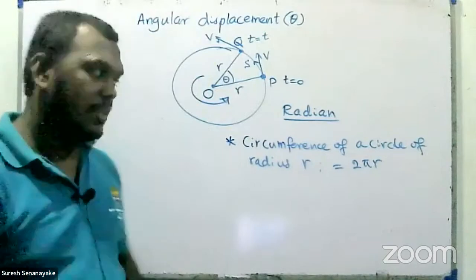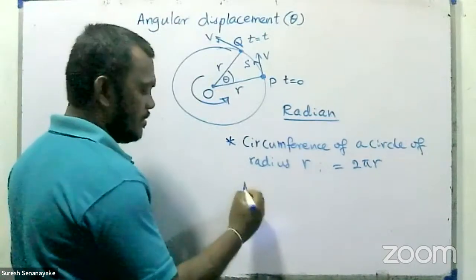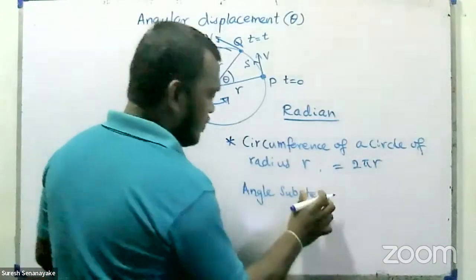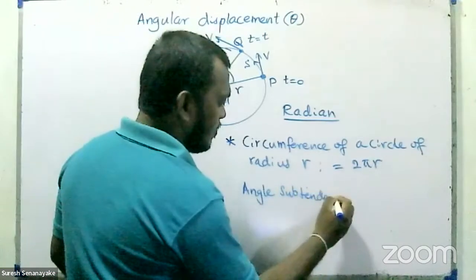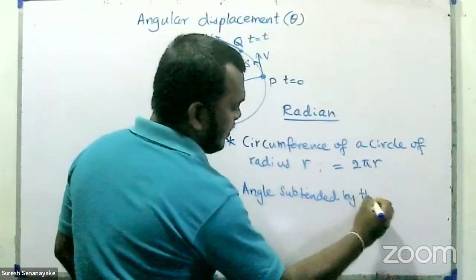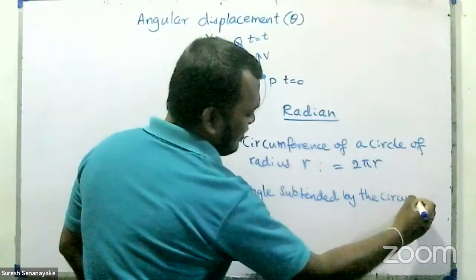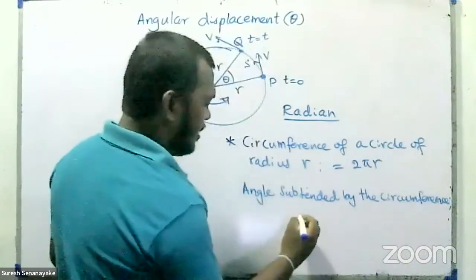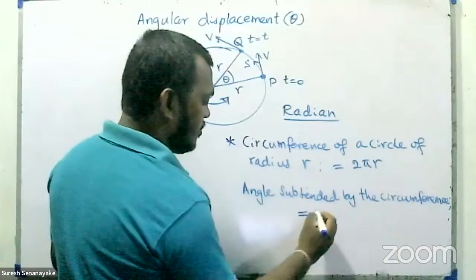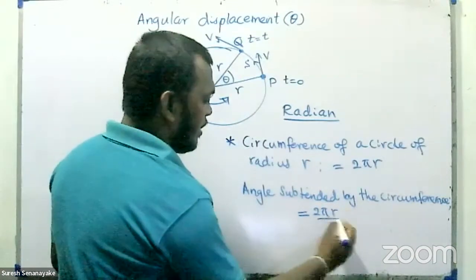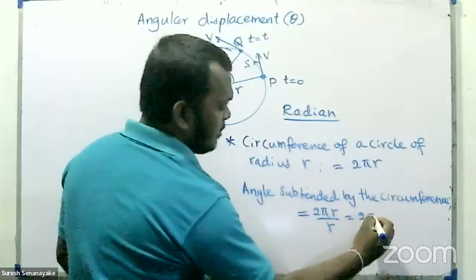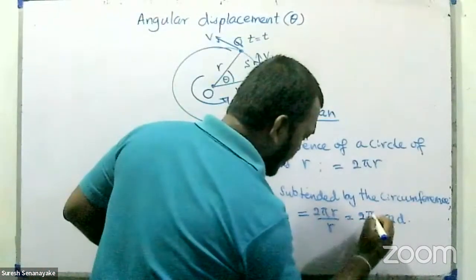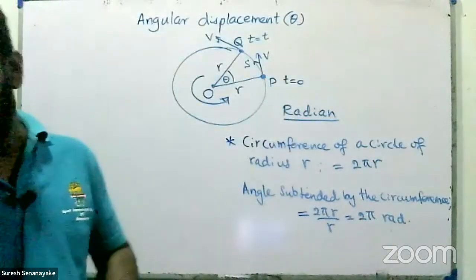Then what is the angle subtended by the circumference? It is 2 pi r divided by the radius. So it is 2 pi radians. We use pi mostly with radians.